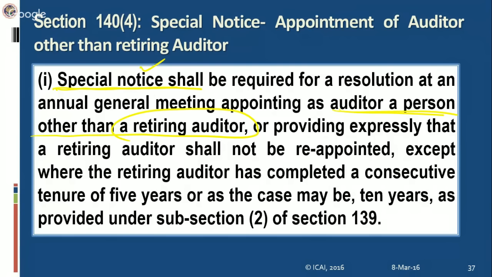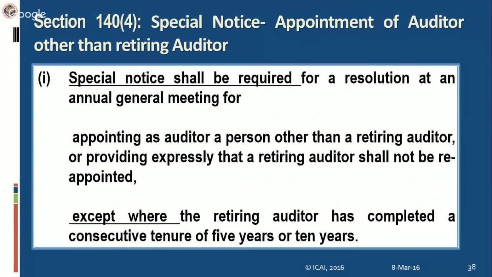So special notice shall be required for a resolution at an AGM appointing as auditor a person other than a retiring auditor, or providing expressly that a retiring auditor shall not be appointed, except where the retiring auditor has completed the tenure. This is the only exception, all other matters will be covered in this special notice. So this is how you can prepare the brief notes.